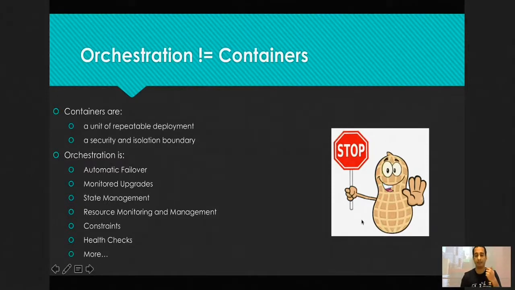For example, you can tell the orchestrator that you do not want a particular container to go beyond, let's say, 50% of the CPU, or you want to put a threshold on I/O and things like that. It can also do health checks. So there's an entire market around orchestrators. Microsoft has its own Azure Service Fabric that provides orchestration, and there are some other third-party orchestrators out there.